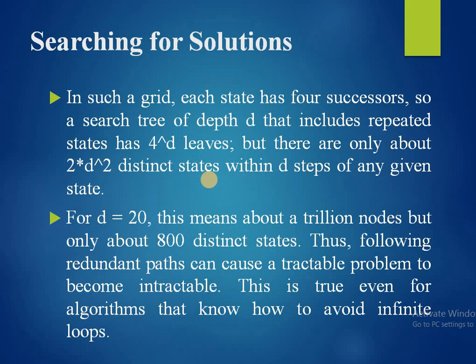For example, for d equal to 20, this means about a trillion nodes but only about 800 distinct states. Thus, following redundant paths can cause a tractable problem to become intractable. This is true even for algorithms that know how to avoid infinite loops.